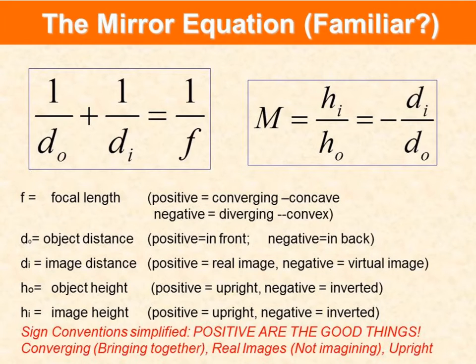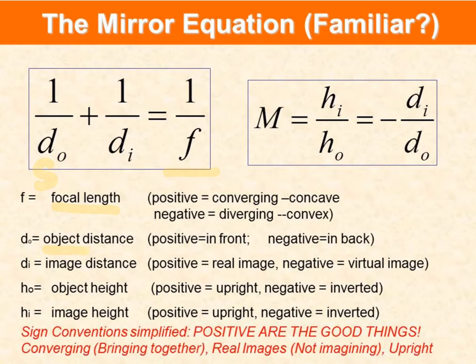Our mirror equation is identical pretty much to the lens equation. Of course, on your AP assignment sheet, instead of d, they use s. Positive focal length is converging, meaning concave mirrors. Negative focal length is diverging, meaning convex.